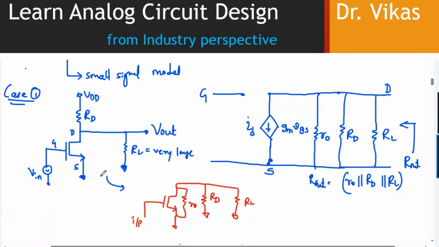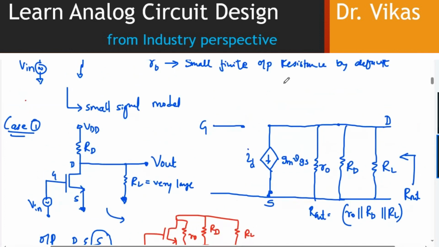That means output is between drain and source, and I have my input between gate and source. Here the source is common, and that's why this configuration is called common source amplifier.